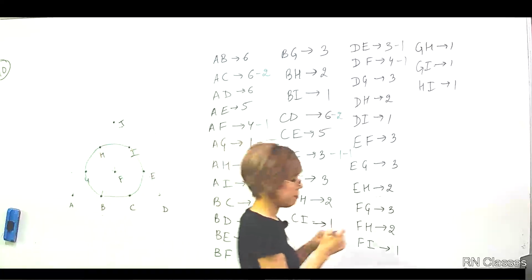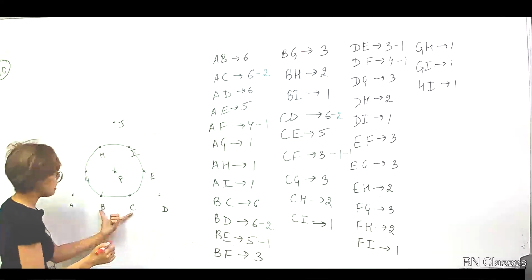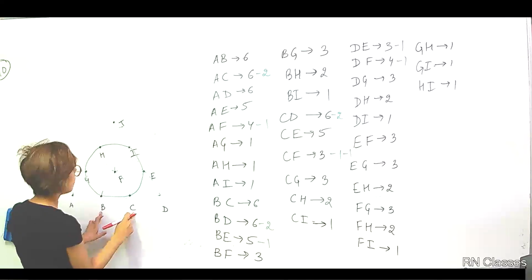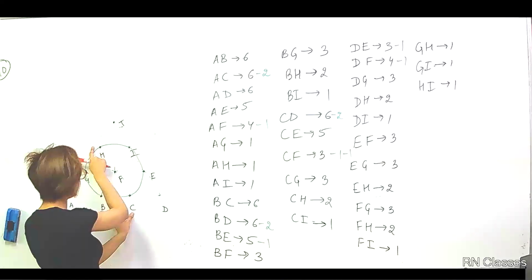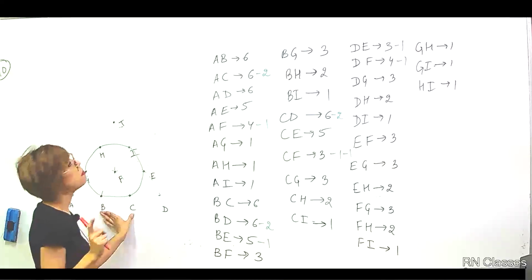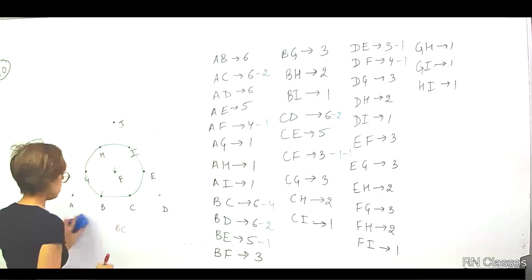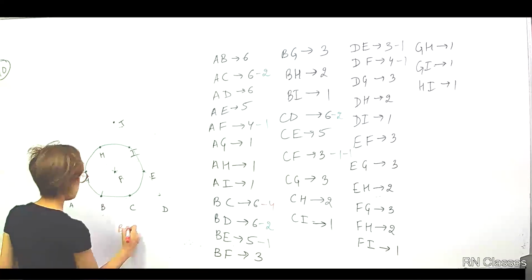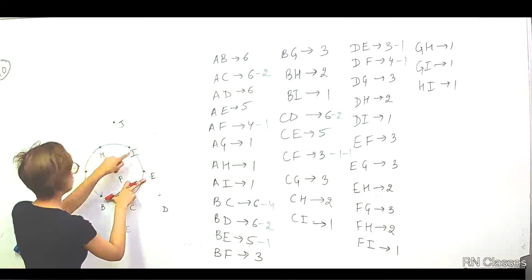Right, so let's see. With BC, I must have counted this how many times? 1, 2, 3, 4. 4 times. So BC minus 4. Okay. Then BE. With BE, I must have counted it 3 times: 1, 2, 3.